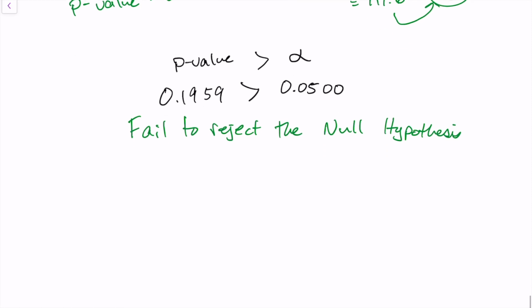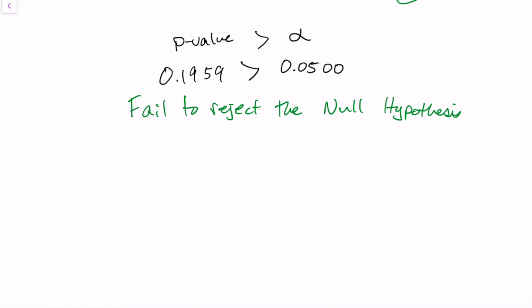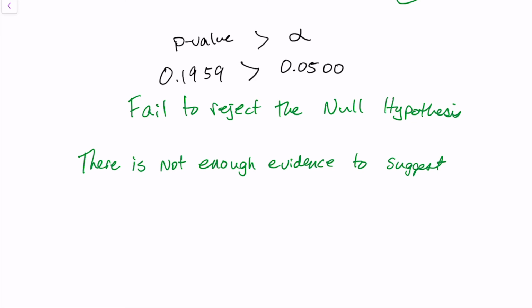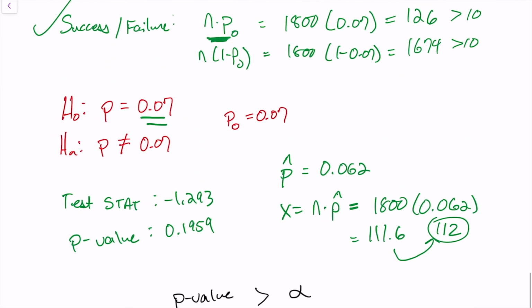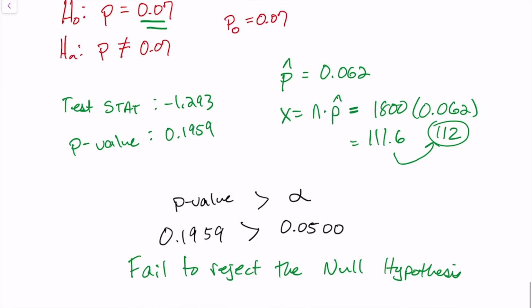So what does that mean in terms of our interpretation here? It means that there is not enough evidence to suggest that the alternative hypothesis is true. So what was it saying? That the proportion was different than 7%?